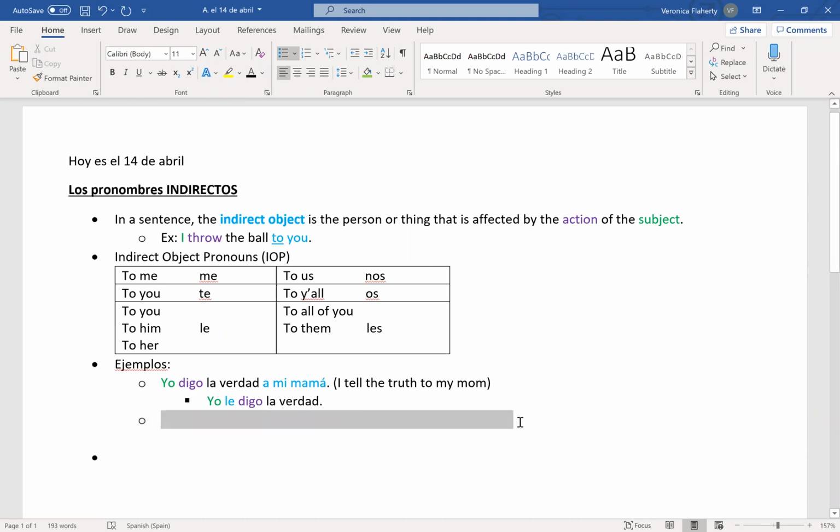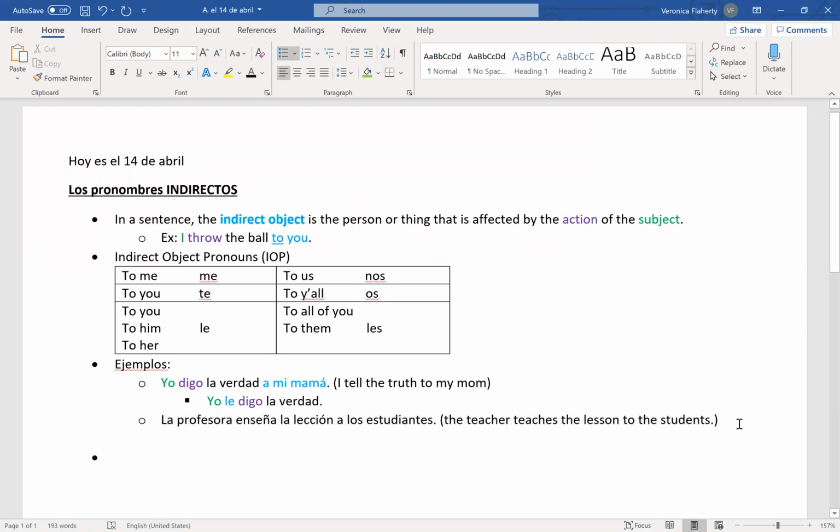Okay. Let's try one more. La profesora enseña la lección a los estudiantes. The teacher teaches the lesson to the students. So what's the subject here? La profesora. And the action? Enseña.